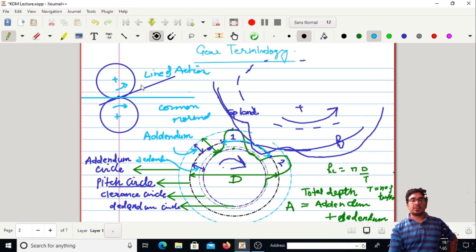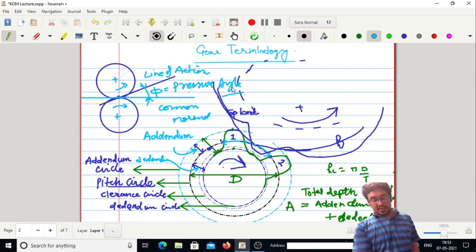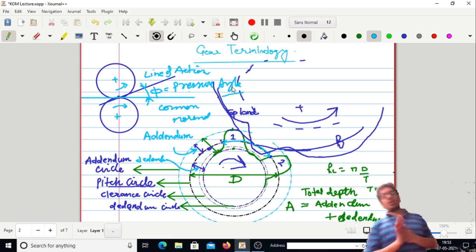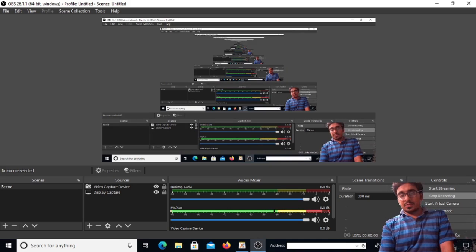Now this particular angle between the common normal for the two pitch circles of the gears and the line of action is known as the pressure angle. This is known as the pressure angle. So this was all about the different gear terms which are associated with a typical gear profile.